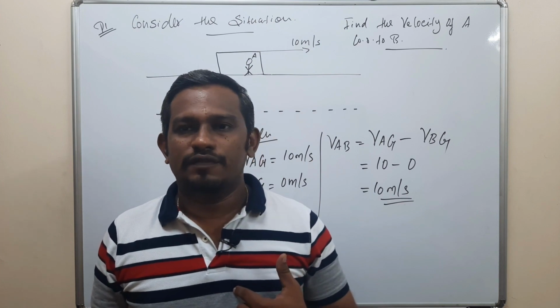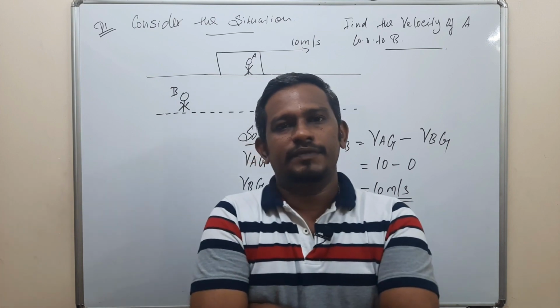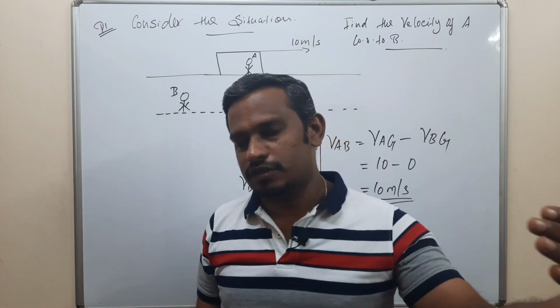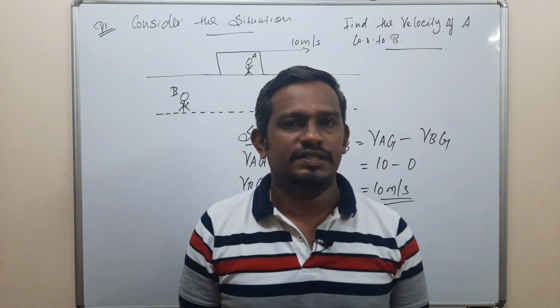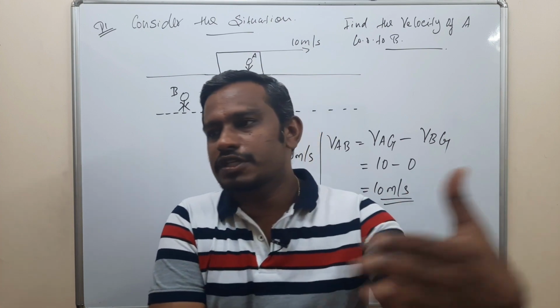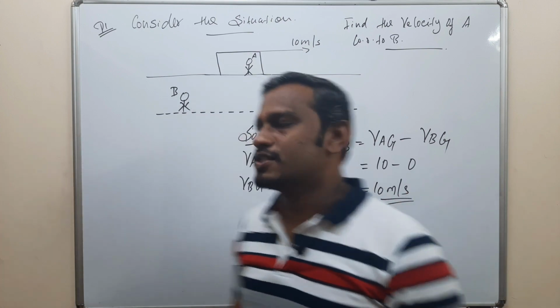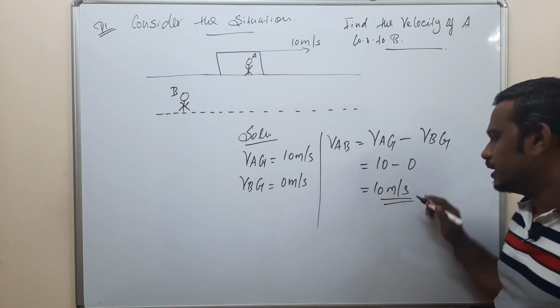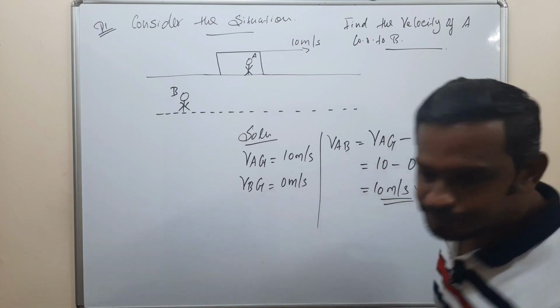So that's why the velocity of A with respect to B is 10 meter per second.